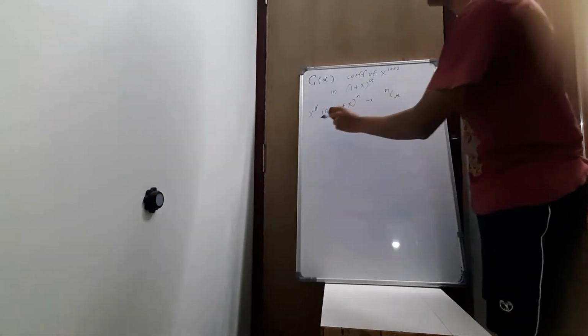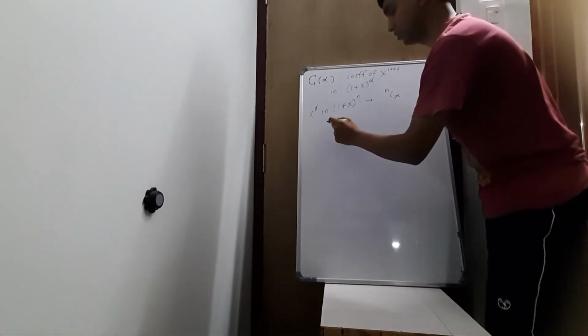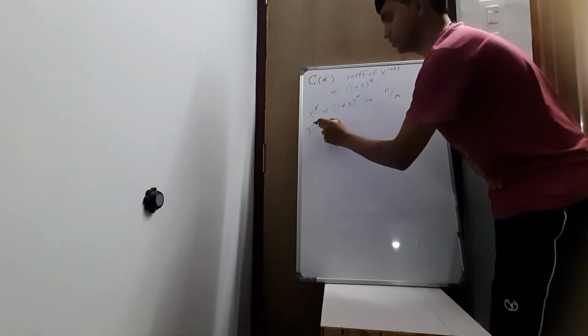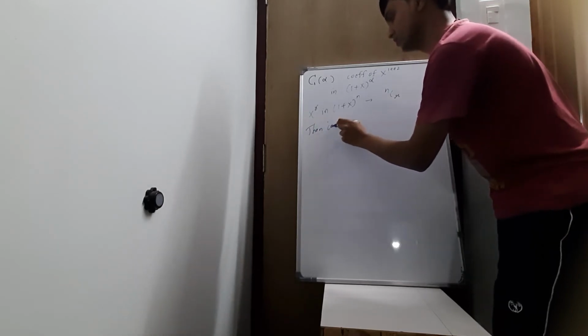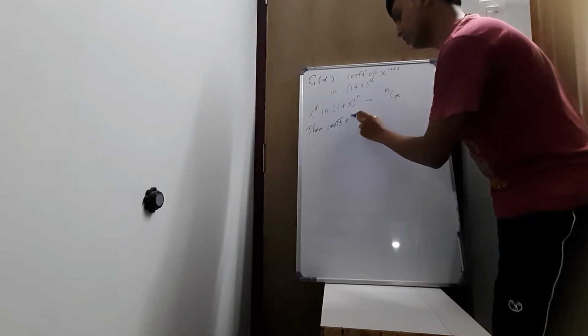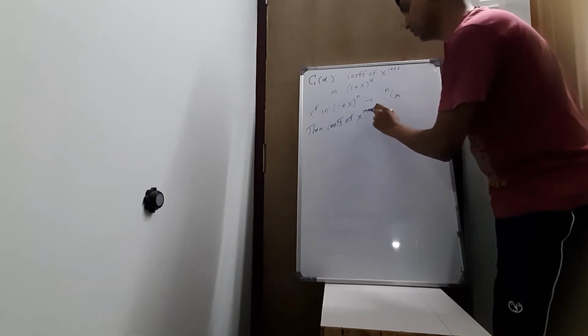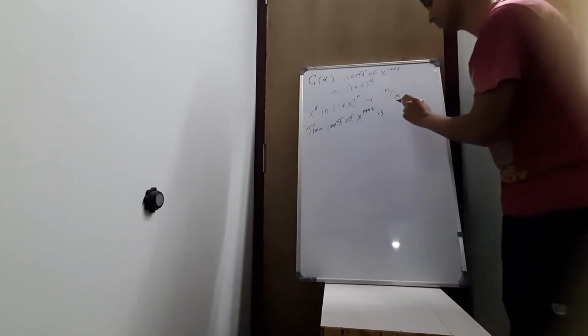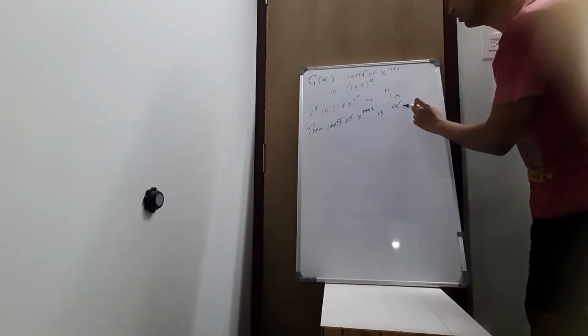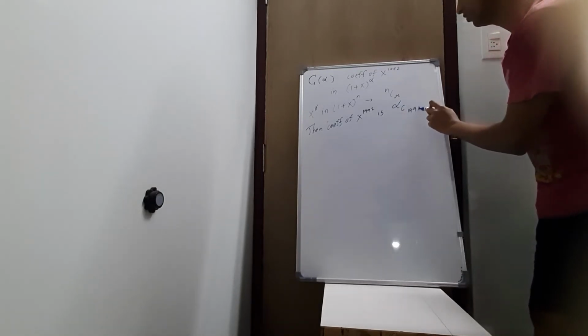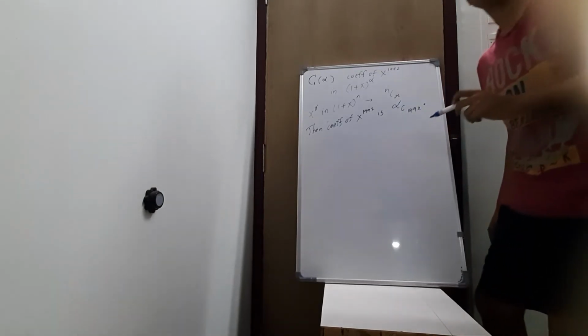Here we have to replace n with alpha, then the coefficient of x to the power 1992 is alpha C 1992, right?